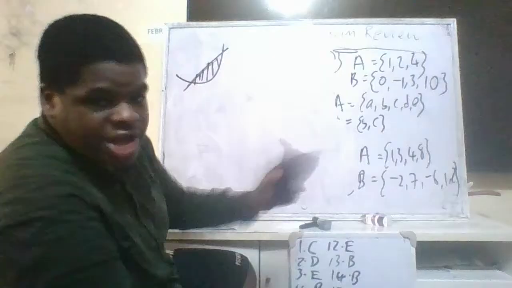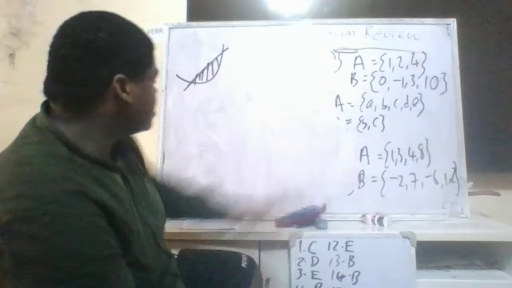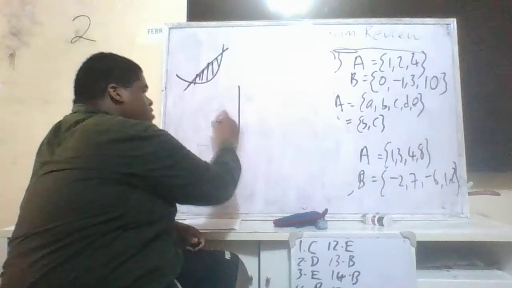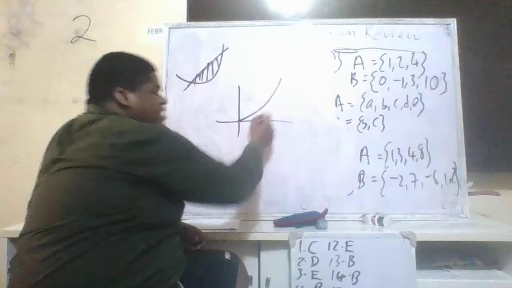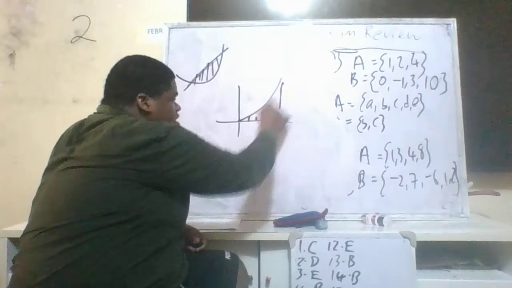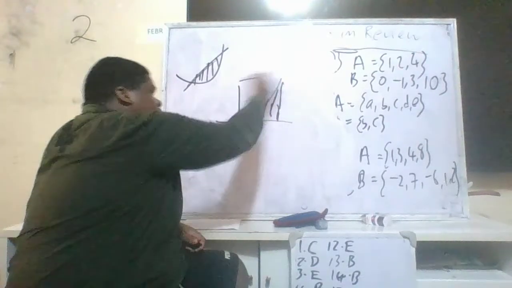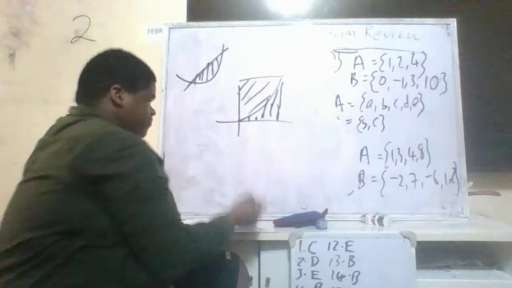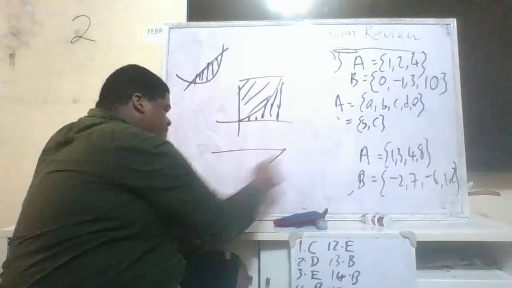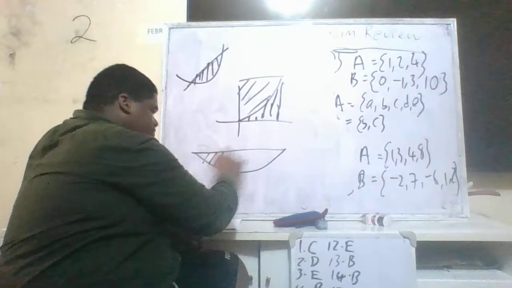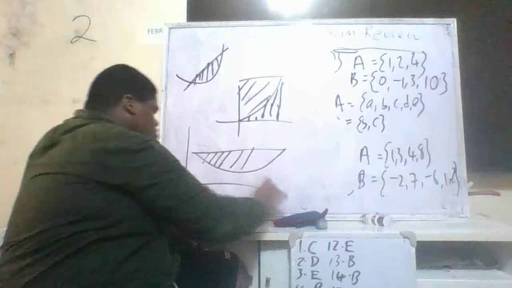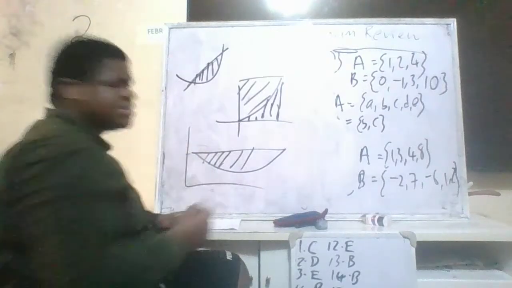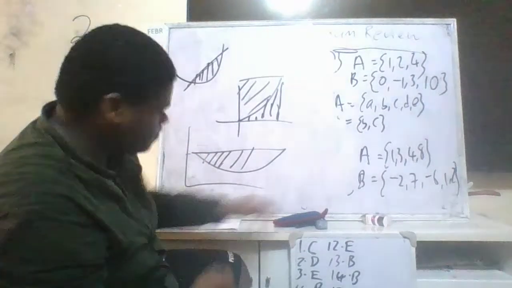It does not care which axis you are integrating with. If I am finding the area between this curve and the x-axis, this will have a different area than this area here. But I am finding the area between two curves. It does not care if you integrate over the x-axis or the y-axis, we still have the same answer.